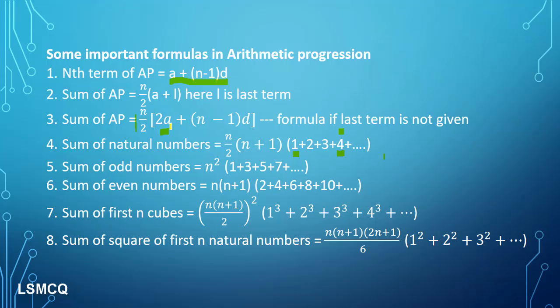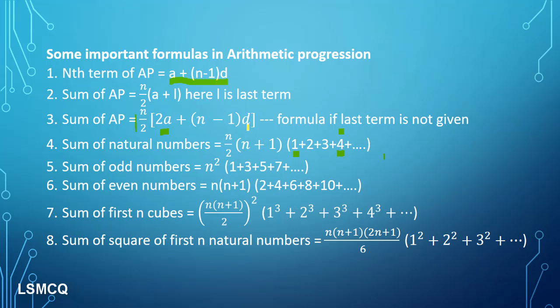So 2 into a, which is the first term, is 1, plus n is 10, because we want to find the sum up to the 10th term. So this is 10 minus 1, and d is the common difference, that is 2 minus 1 or 3 minus 2 or 4 minus 3, they are the same. So the formula is this one.